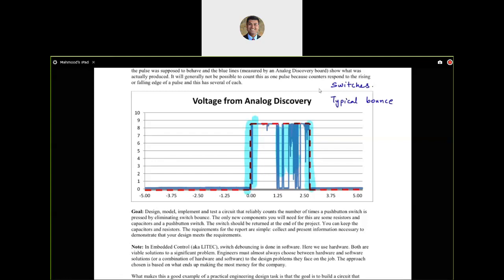How much time does it bounce? Does it bounce forever, or for a few milliseconds, a few tens of milliseconds? And how does it relate to the type of the switch?